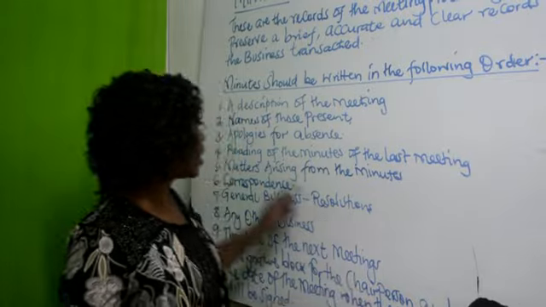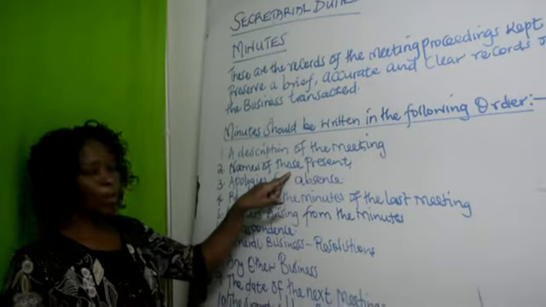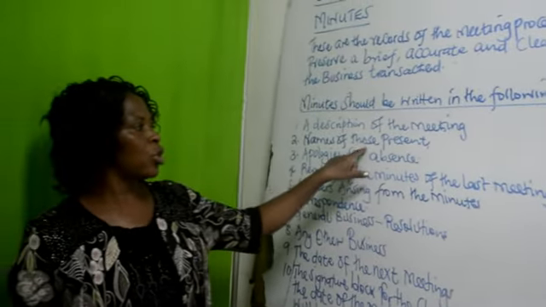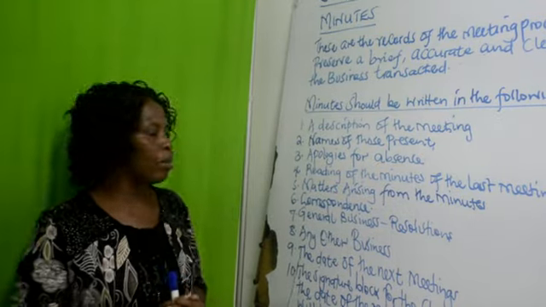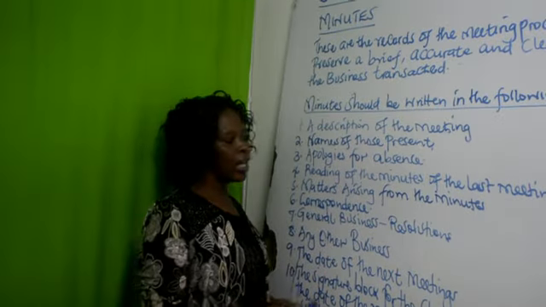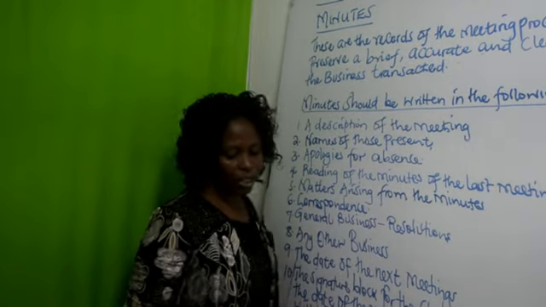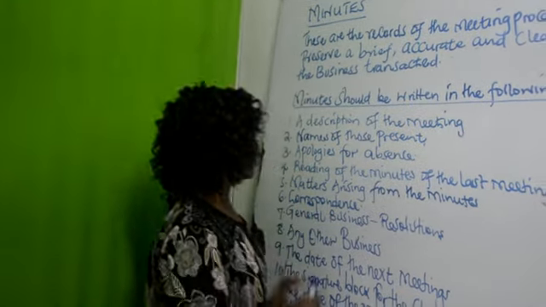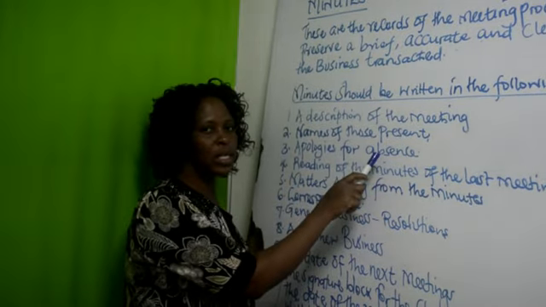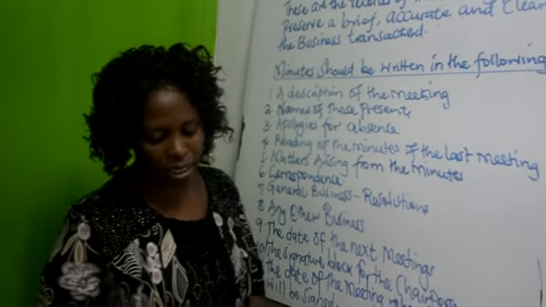The other thing is the names of the members who are present. When you are listing the members who are present, the chairperson's name should come first, and the rest of the members follow. Then we have apologies of the absentees. These are the members who are absent from the meeting.